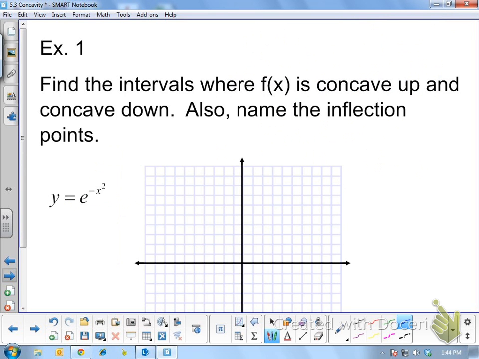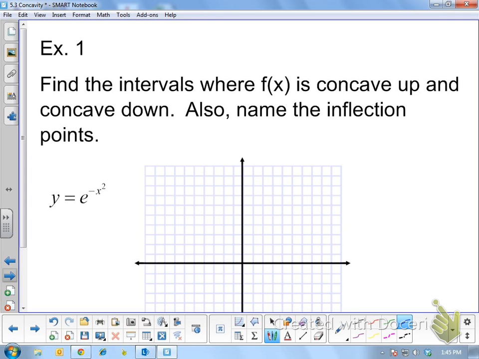So let's find the intervals where f of x is concave up and concave down, also the inflection points. And our function is y equals e to the negative x squared. Now this is almost exactly like the first derivative test, except we use the second derivative. The first derivative test can tell us our maxes and mins and where we're increasing or decreasing.